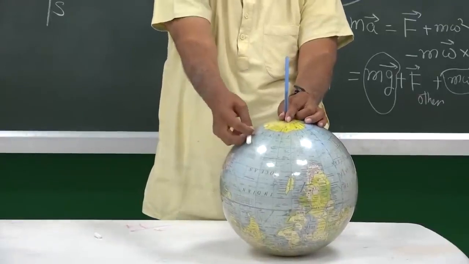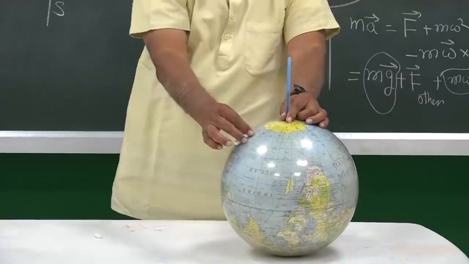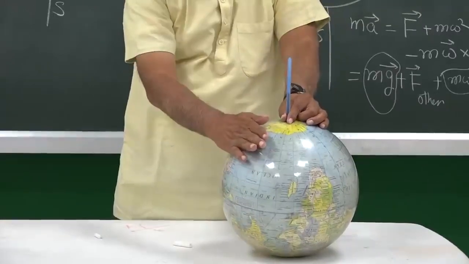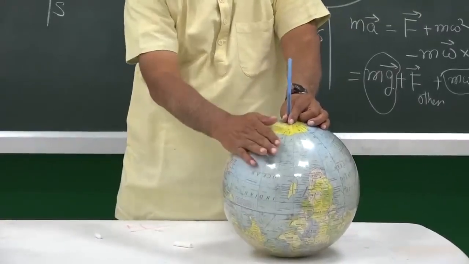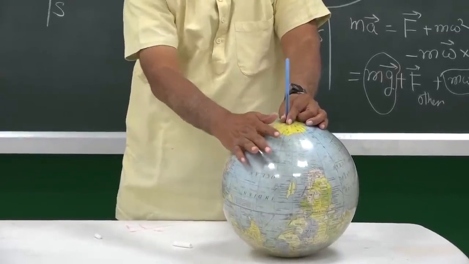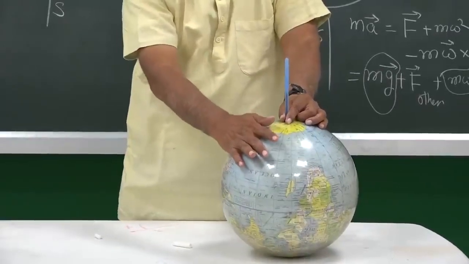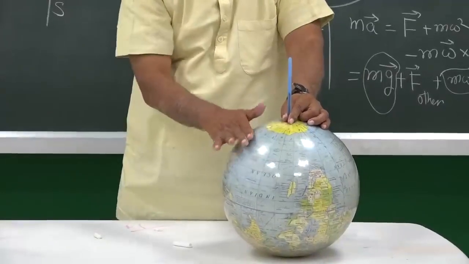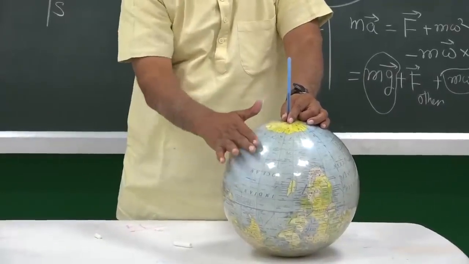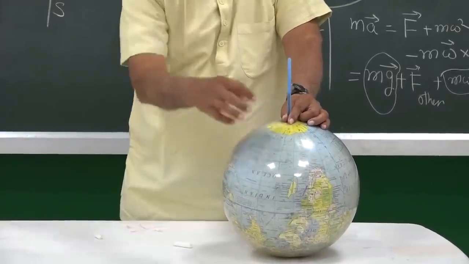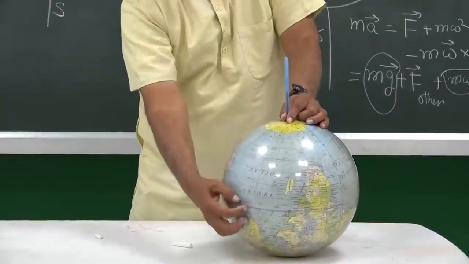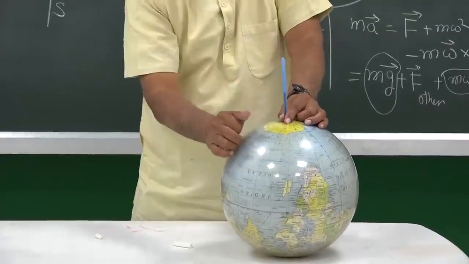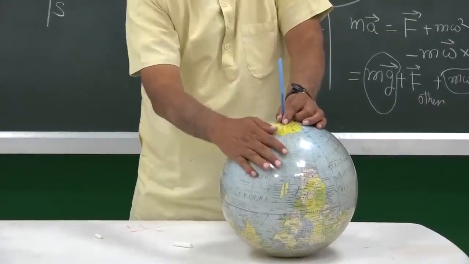So, that is how our directions east, west, north, south are determined, all in the plane which is tangent to the earth's surface from the point of your interest, from the origin of your frame of reference. At different places these directions will be different, but wherever you are, accordingly you define north, south, east, west, horizontal.